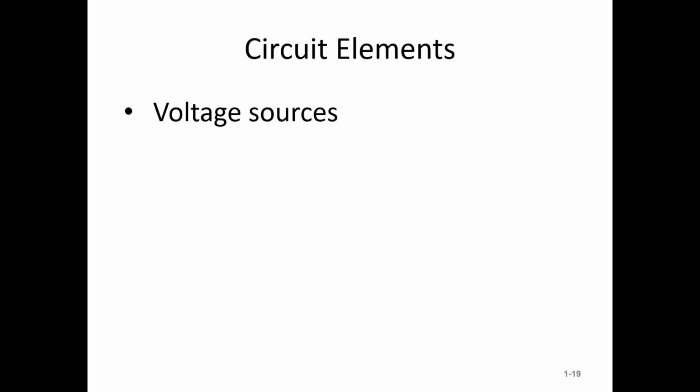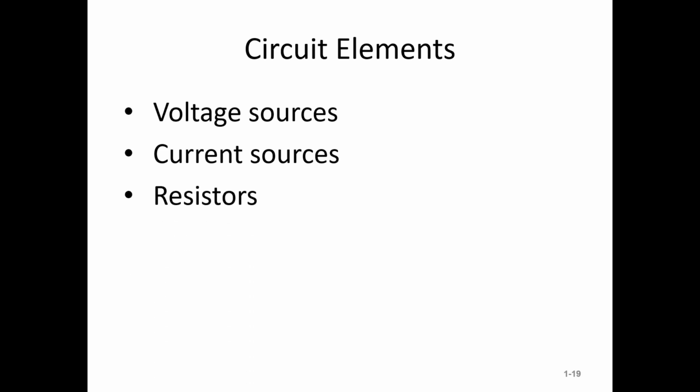Right? Let's look at the circuit elements we're going to deal with. So we're going to deal with voltage sources, current sources. These are things that take energy, or power if you want, from outside of our system boundaries usually, and turn it into electrical energy in the form of voltage and current. Then we have resistors, which take our electrical energy and turn it into heat, which leaves our system.